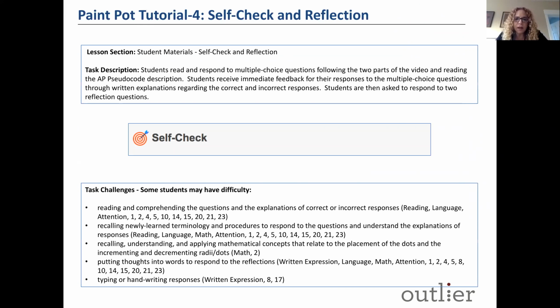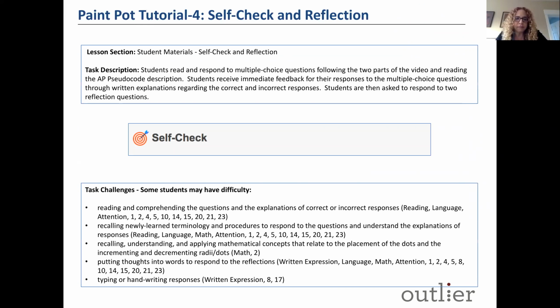So in this one, the students read and respond to multiple choice questions, and they receive immediate feedback on their responses. They're also asked to respond to two reflection questions.